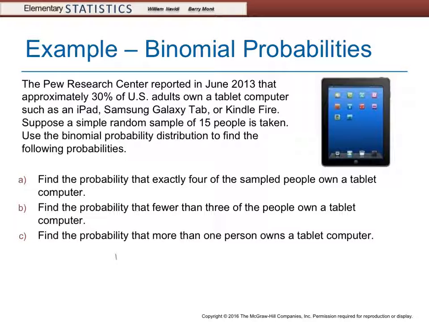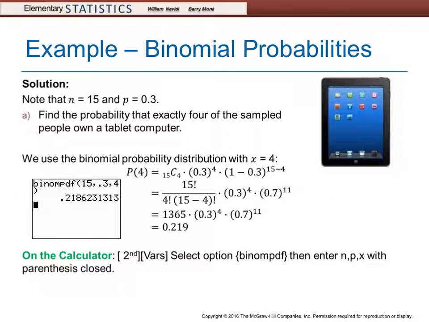So in this case, the probability of success is equal to 0.3, and the probability of failure is equal to 1 minus 0.3, right, which is equal to 0.7. So in solving the first case, we note that n is equal to 15 and p is equal to 0.3. Find the probability that exactly 4 of the sample people own a tablet computer.